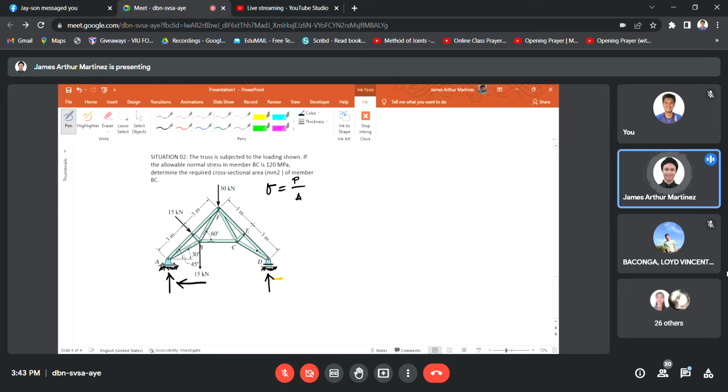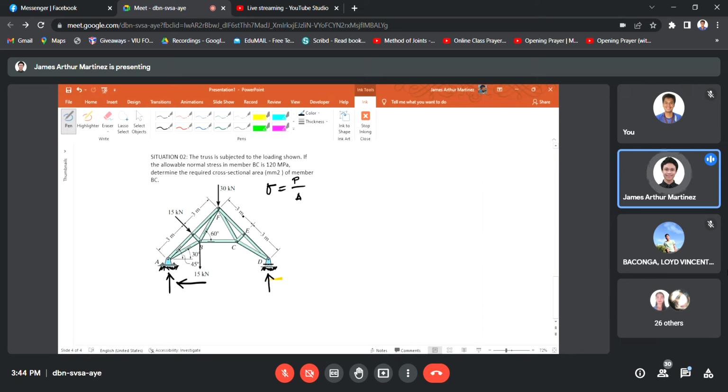My approach for this analysis is to solve using the method of sections. From statics of rigid bodies, you are taught how to determine the internal reactions at each member of your truss or structure.